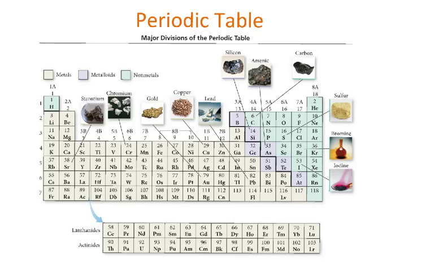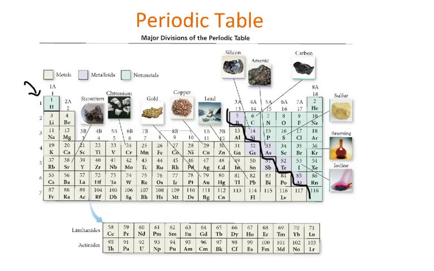And so the elements that are to the left of this zigzag here, those elements are metals, with the exception of hydrogen. It's not a metal. And then the elements along this zigzag are metalloids, or semimetals. You've probably heard of the word semiconductors, right?